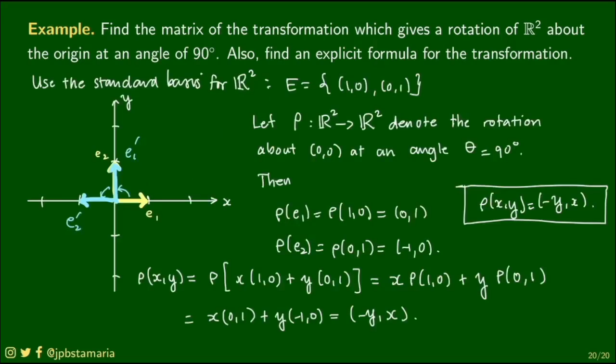The technique to generate this matrix is to look at the images of the basis vectors under the transformation. So in this case, the first standard basis vector (1, 0) was sent to (0, 1). Now the standard basis vector (0, 1) was sent to (-1, 0). So the technique is to place this in the first column and this in the second column.